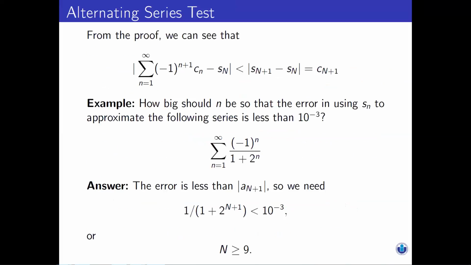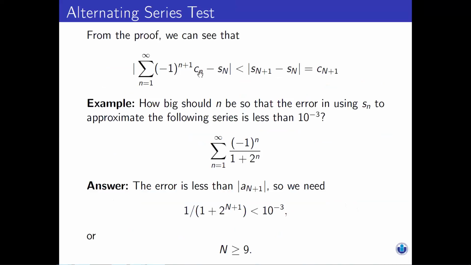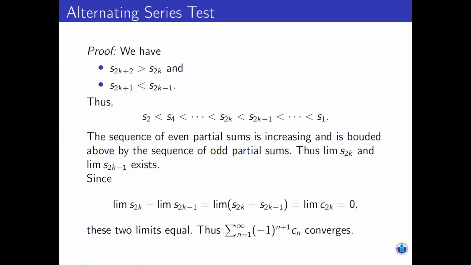Any questions? And from the proof, you can see that if you look at the difference here, the error is less than S(n+1) minus Sn. Because you can see that the odd member is always bigger than the even one, and S is something in between.